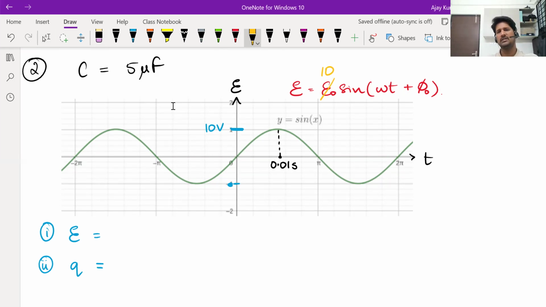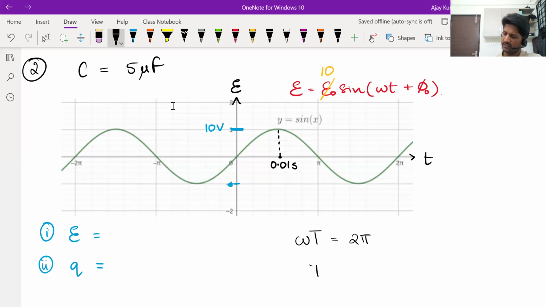How to get omega from this graph? Sir, omega t is equal to 2 pi. Like the time period, omega into time period is 2 pi.